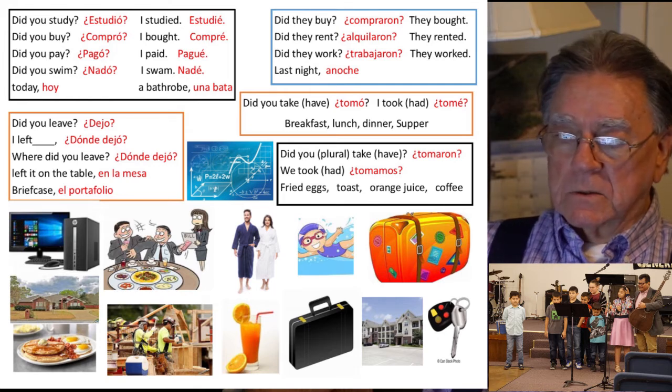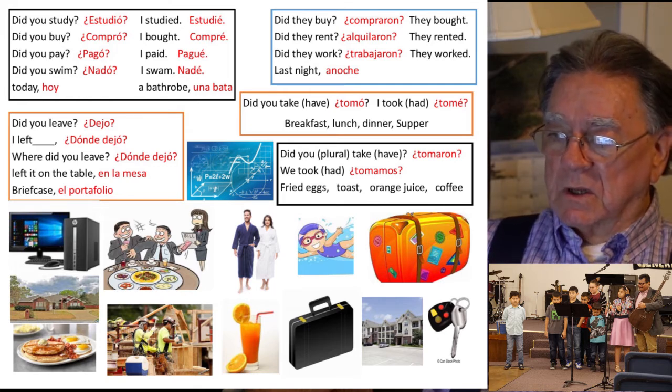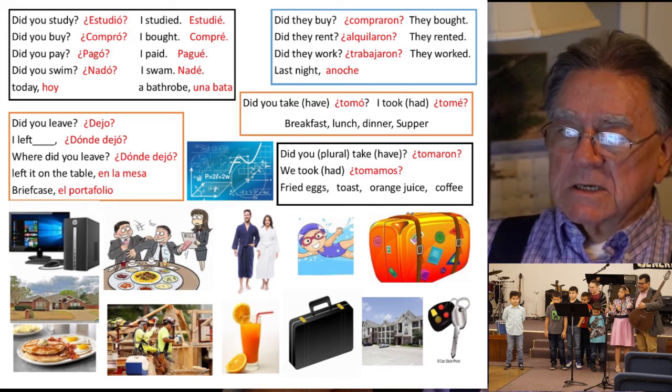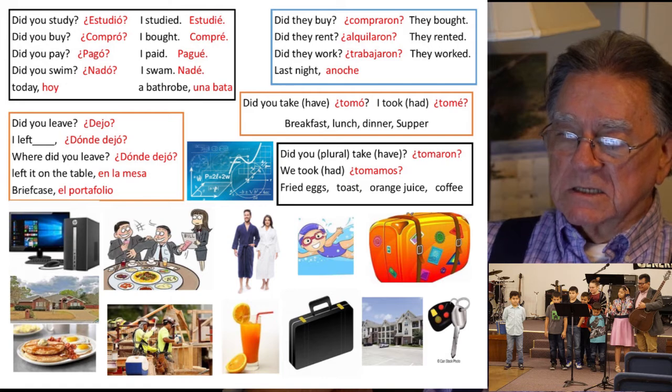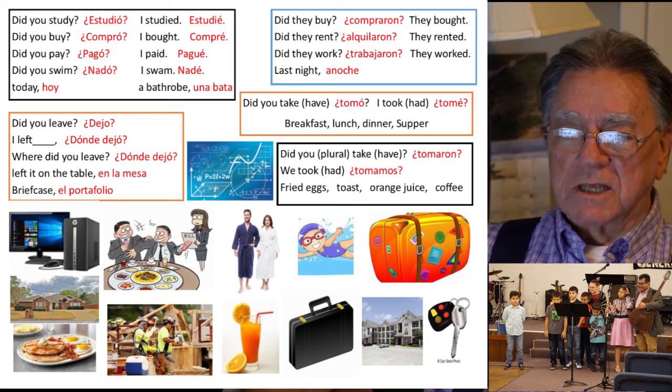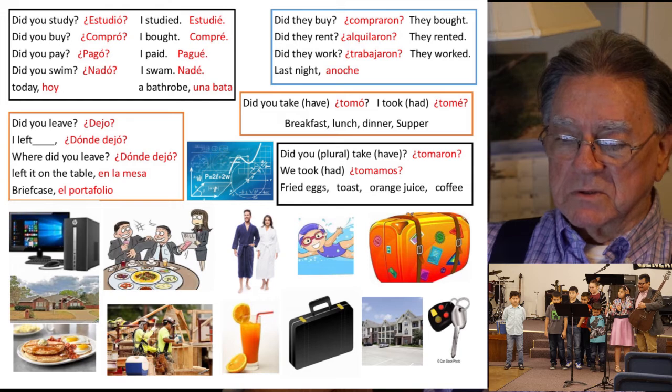I think we have gotten through all of the charts. There's math. Did you study math? And you say, yes, I studied math. Did you buy a new computer? Yes, I bought a new computer.